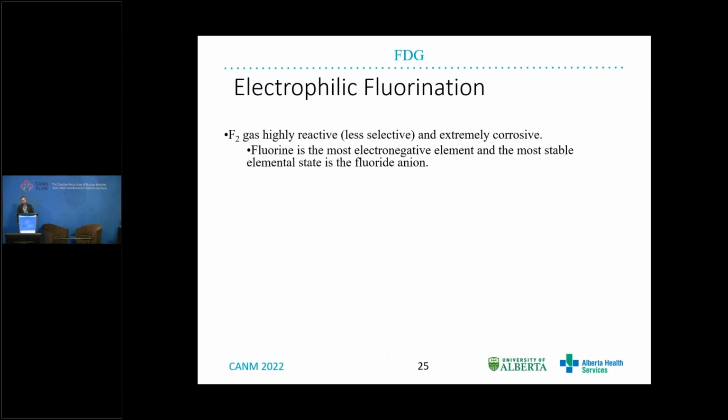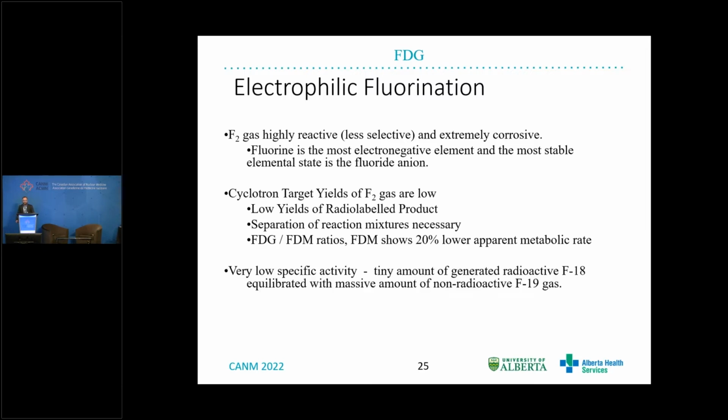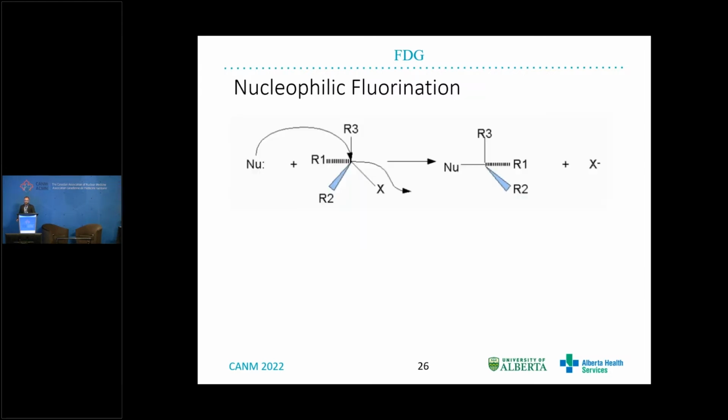For FDG, a little bit of history. It started with electrophilic fluorination, so using F2. It is a mess to work with. F2 is very reactive, it's a mess to get out of the target, and it becomes a very low specific activity product.